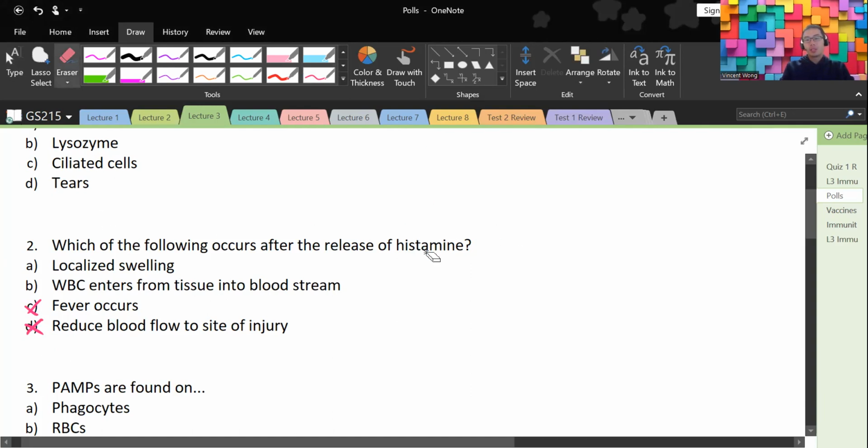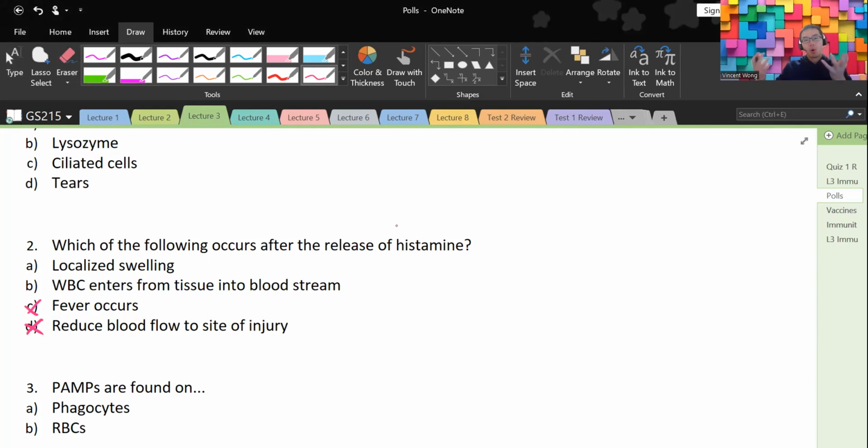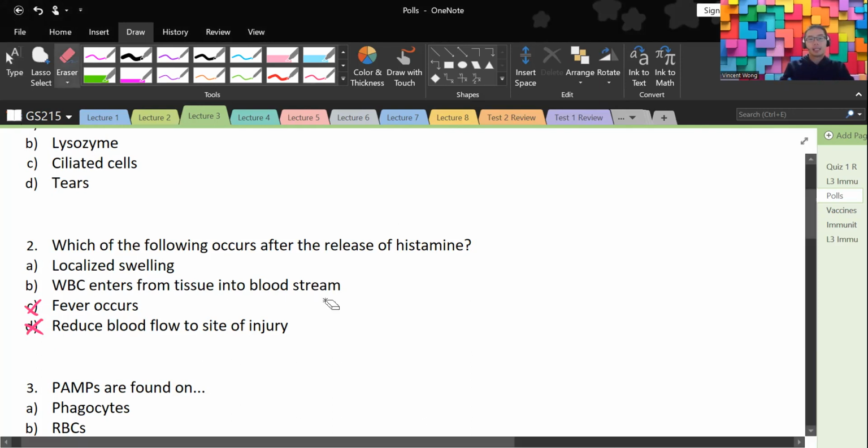And number two, the second thing that histamine will do is it will increase vessel permeability. It will make them more leaky, right? So if it's more leaky, then the white cells will be able to go from the blood to the tissue, not the other way around. Okay, and with all the liquid oozing out of your blood vessels, it will cause localized swelling. So that is the answer.